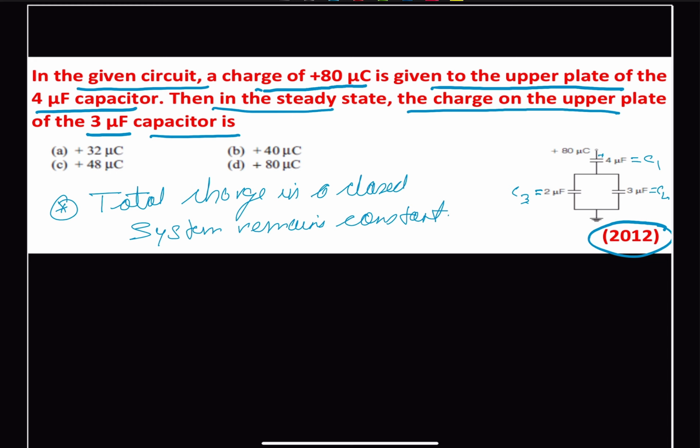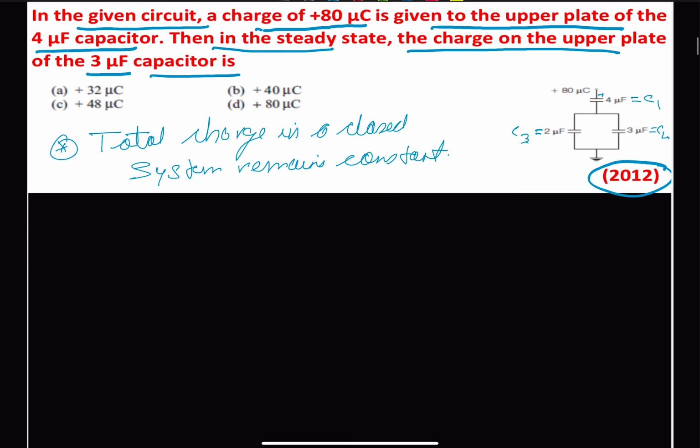First of all, let's find the equivalent capacitance of the parallel combination. C equivalent will be equal to C2 plus C3, that is 2 plus 3 microfarad, giving us 5 microfarad.